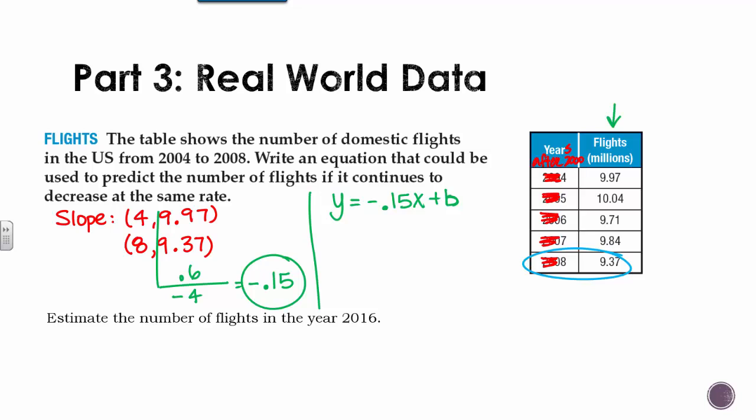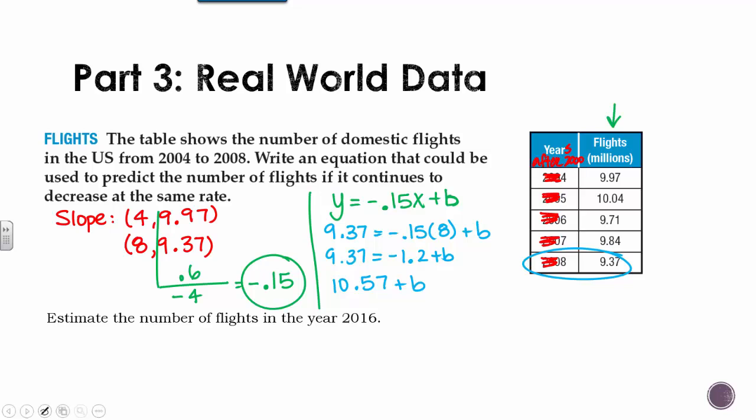Remember, you could pick any of them, but if I plug in 9.37 for y, and plug in 8 here, I'm going to do a little math. 0.15 times 8 will give us 1.2. And then we got to add that to both sides. So we end up over here with 10.57 as our b value.